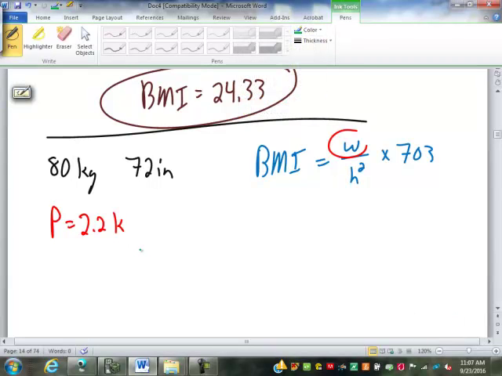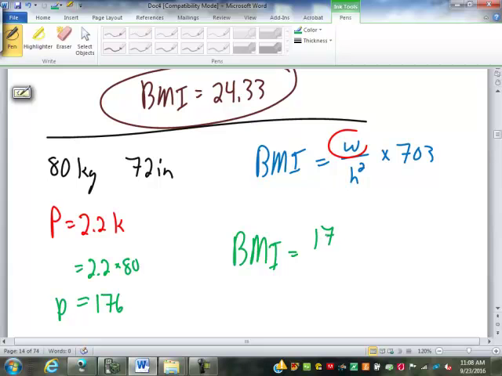So first step, 2.2 times 80 gives us 176 pounds. So now our BMI is 176 over 72 squared times 703.